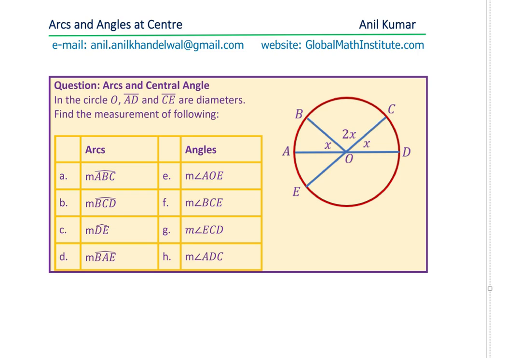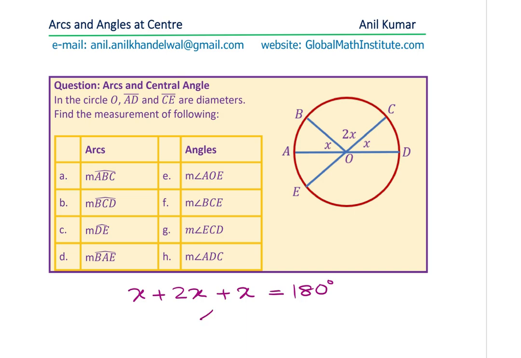Now let's begin with the solution. Let's find out what are the measurements of arcs. Well, the arc length is normally given with the measurement of the angle, so they are the same. Here we are given that the semicircle is x plus 2x plus x, and that gives you the value of x. So we know that x plus 2x plus x is equal to 180 degrees.